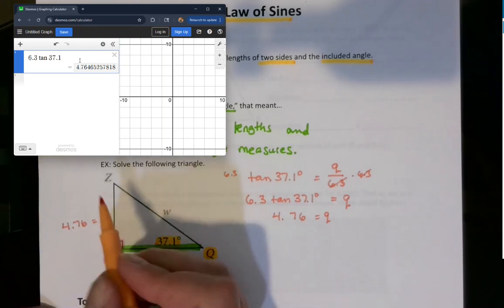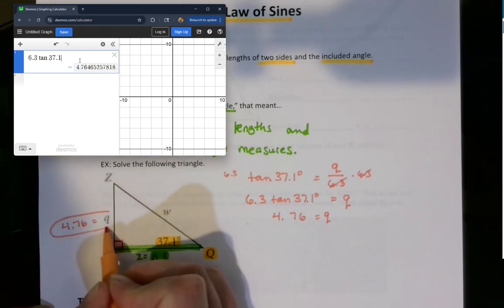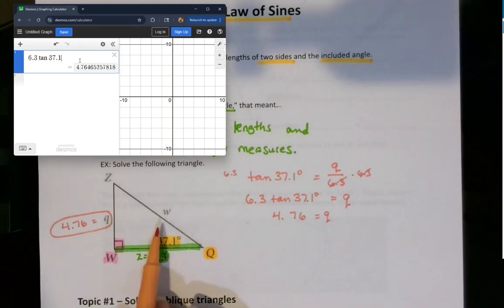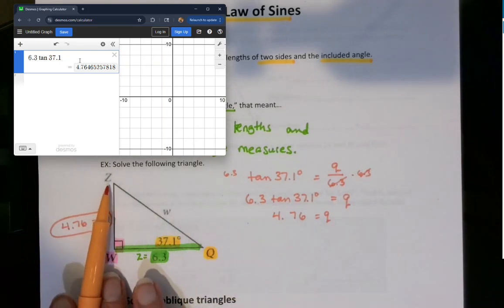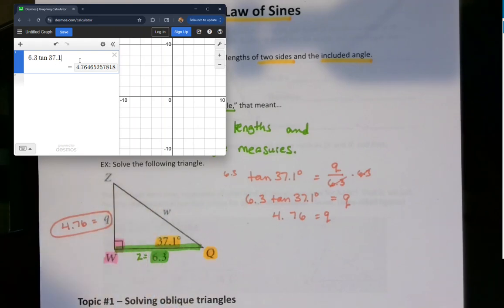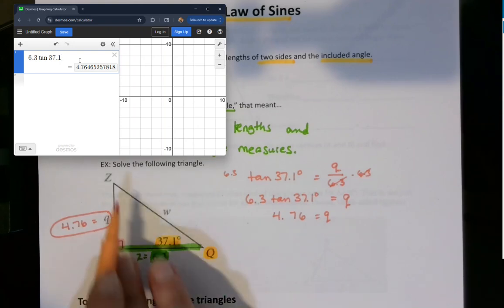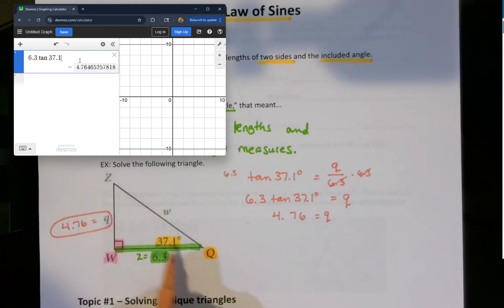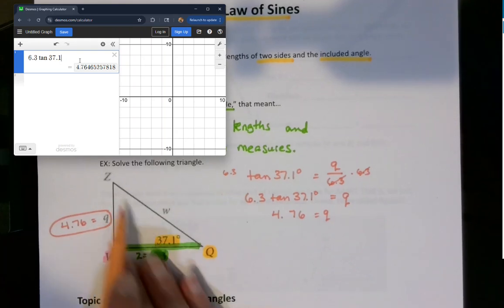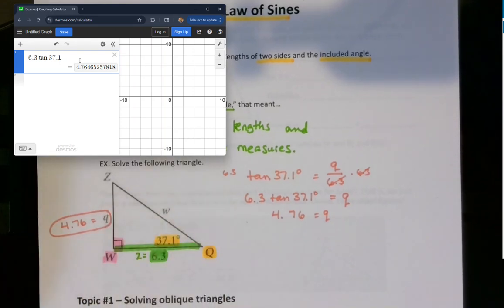All right, so we know now side little q, and I can find the 2 missing things right now, which are angle Z and side w. I have choices on how to find each of these things. The simplest way to find angle Z is going to be through subtraction. Since there are 180 degrees in a triangle, I know 90 of them are already taken up with angle W. I can subtract 90 minus 37.1 to get angle Z. So let's go ahead and do that.